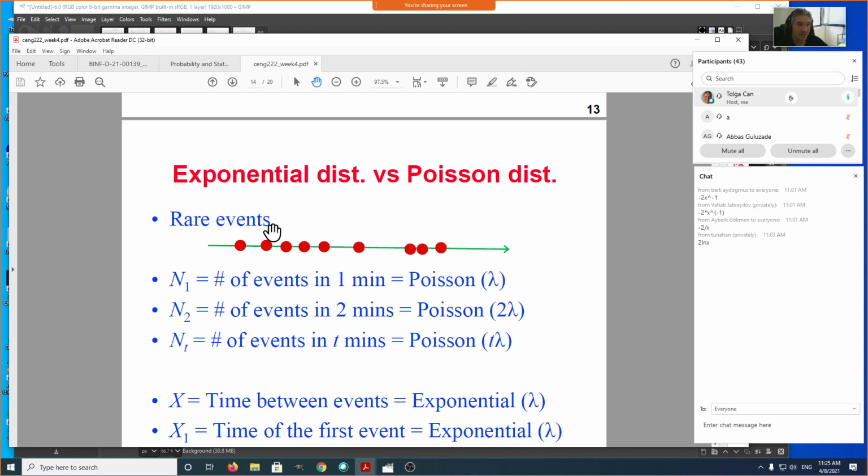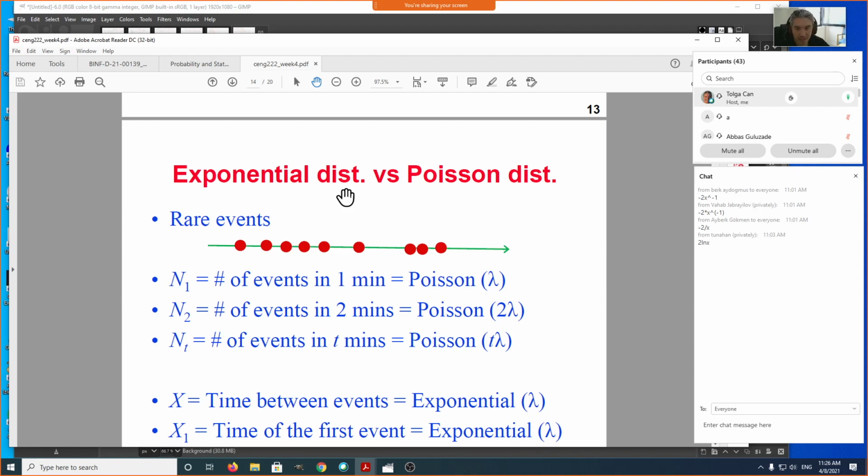The reason we call these rare events is that the possibility of observing two events at the same time is very low. If you're modeling something in which the probability of observing two things at the same time is very low, such an event is usually labeled as a rare event.